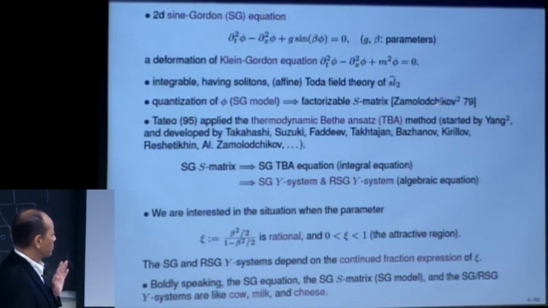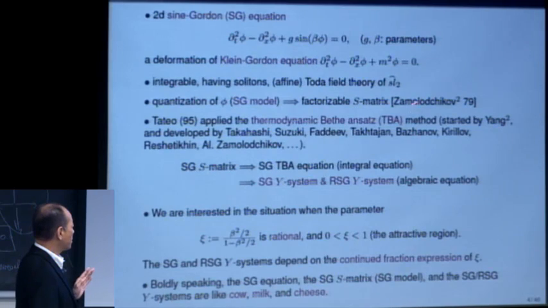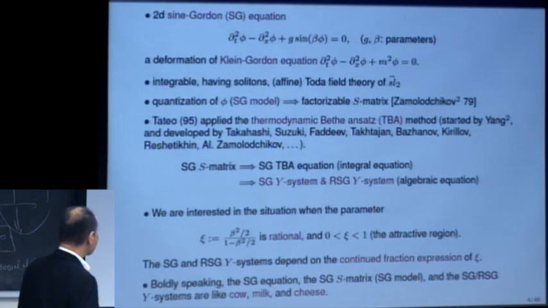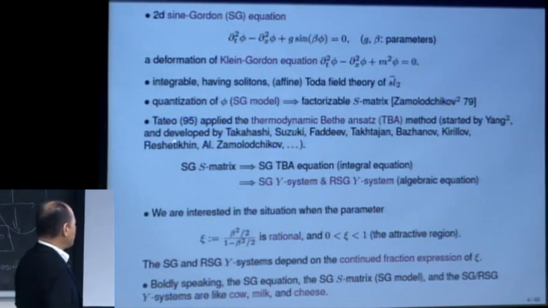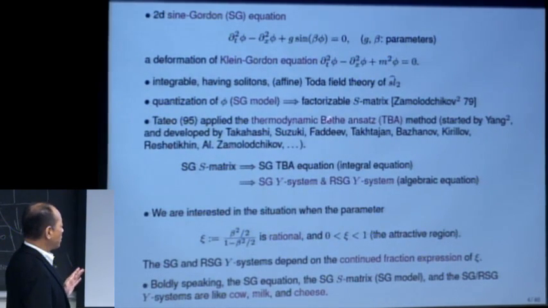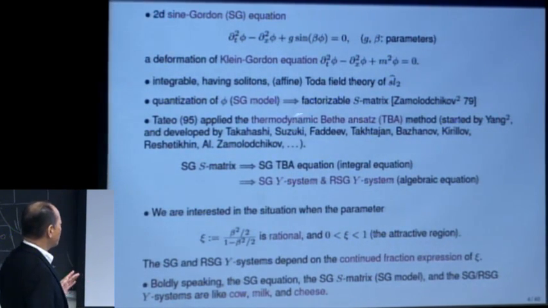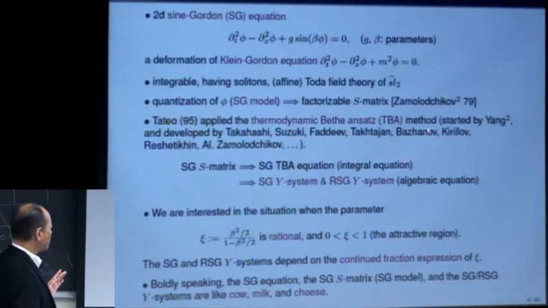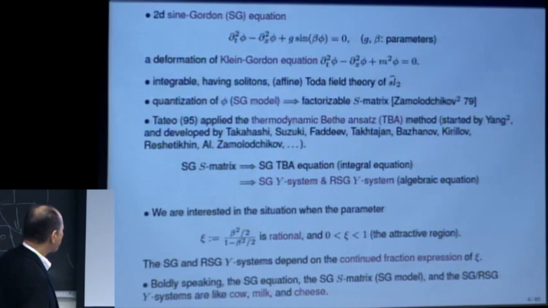This was done by the Zamolodchikov brothers, and this work made these twin brothers famous in 1978 or so. Then Tateo in 1995 applied the so-called thermodynamic Bethe ansatz method to this sine-Gordon S matrix. This is a very important method contributed by many, like the Yang brothers, Takahashi, Suzuki, and so on.